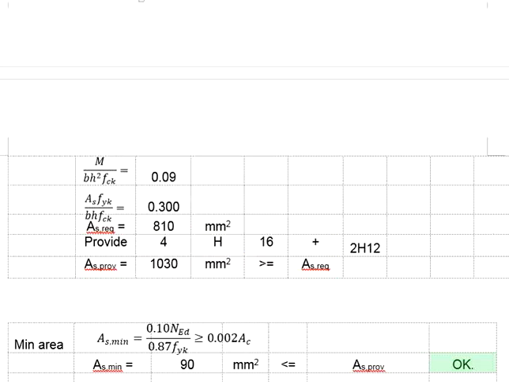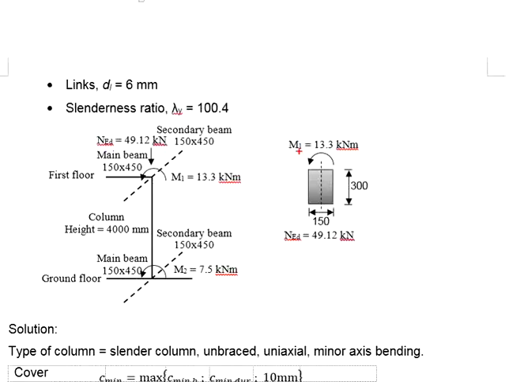In terms of the rebar arrangement, this will be your column. 4H16 plus 2H12. You will need to be extra careful with the arrangement of the reinforcement. The 2H12 should be here, but not here. Why is it so? Because you need to use those rebar to take the moment.